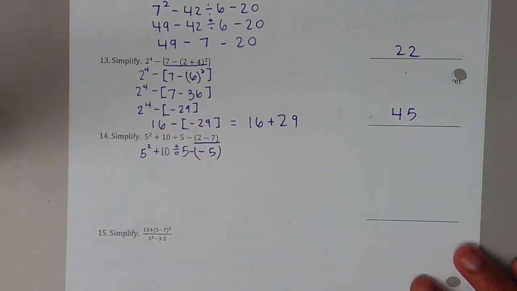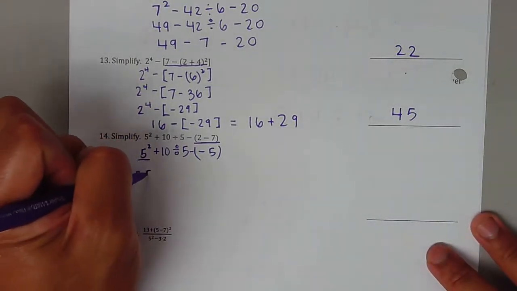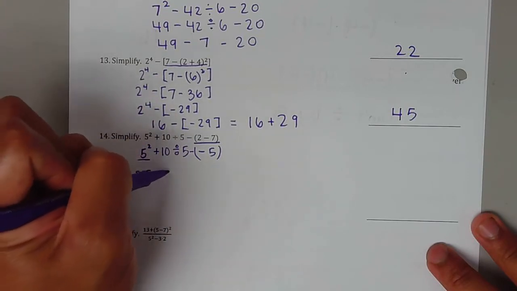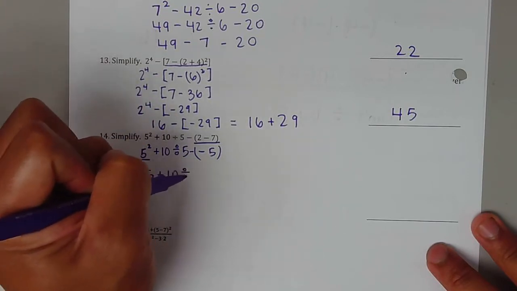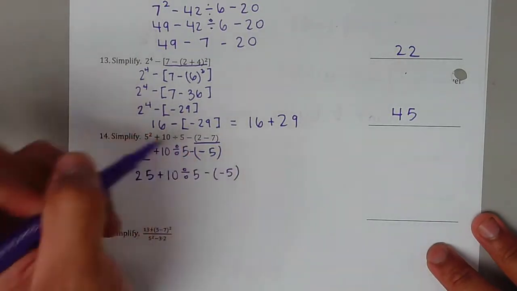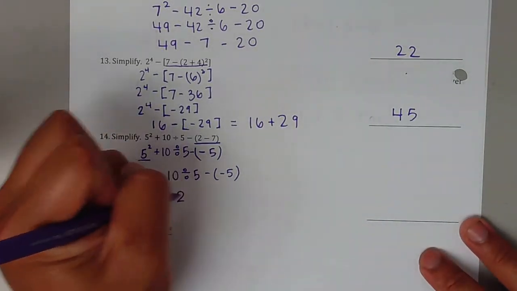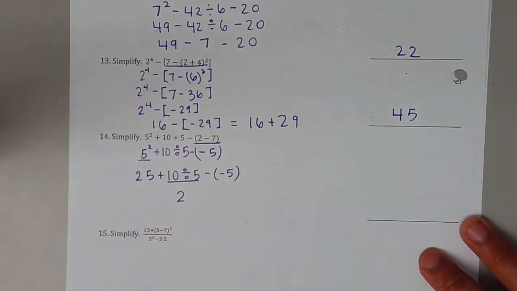All right, next we have exponents. 5 squared gives us 25. So bring everything else down. Next we have division, right? Division before multiplication and addition. 10 divided by 5 gives us 2.